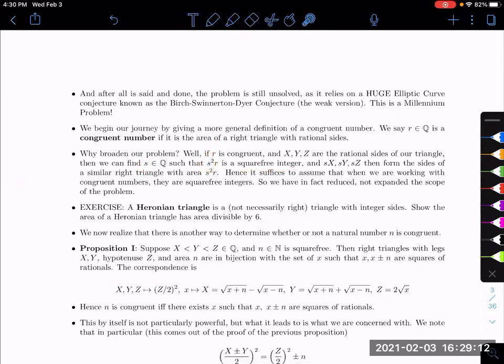And so you started with a rational congruent number, and you ended up with a square-free integer congruent number. How do we know it's congruent? Because you can check this, it's trivial. If x, y, and z are the sides of the original triangle, sx, sy, and sz form the sides of a similar right triangle whose area is our new congruent number, s squared r. So by broadening our definition of congruent number, we actually have narrowed it down. We've seen it suffices to study not only integer congruent numbers, but actually square-free integer congruent numbers.